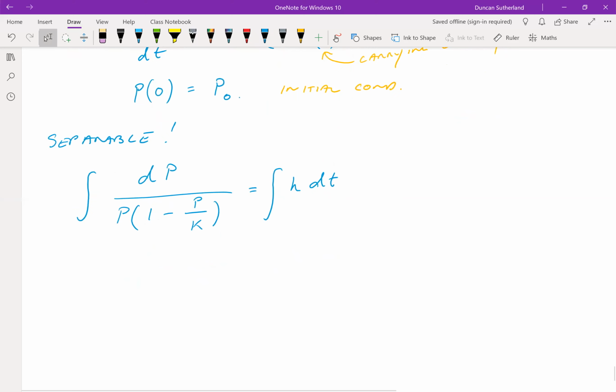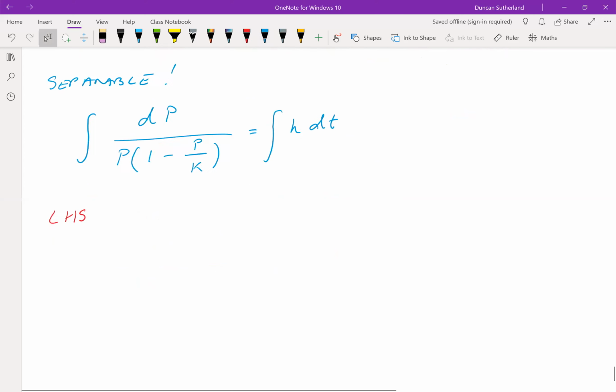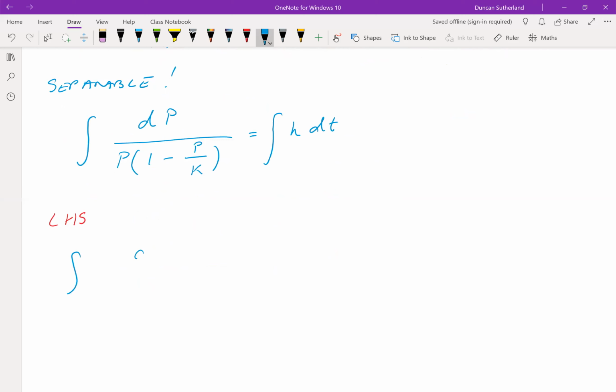However, the left-hand side one's a bit of a pain. So we'll have a look at the left-hand side first. The first thing we're going to do is rewrite it like this.